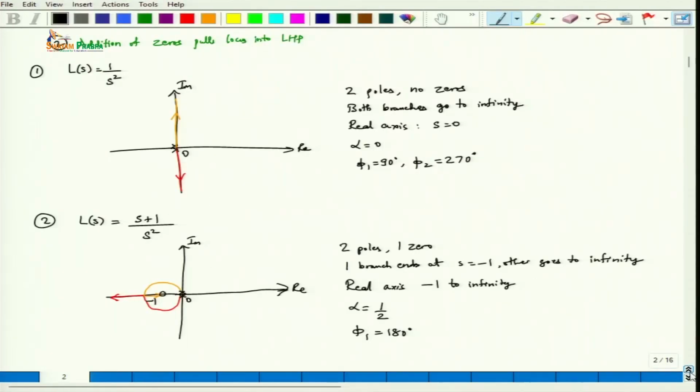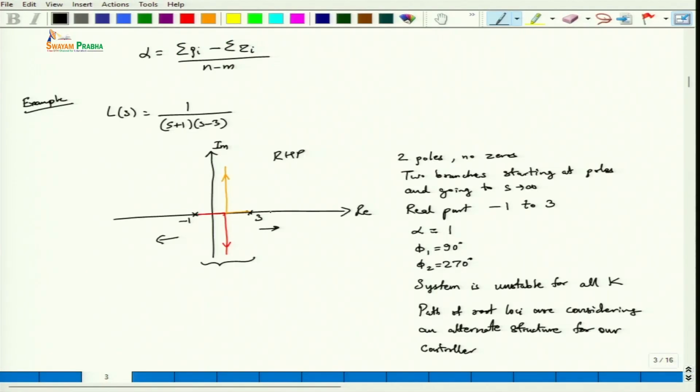We do not want the entire part of the root loci to lie in the RHP, so we want to move it towards the LHP.